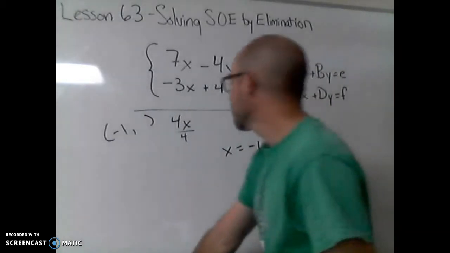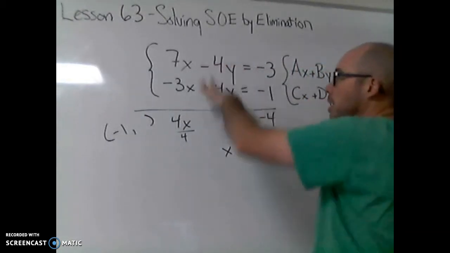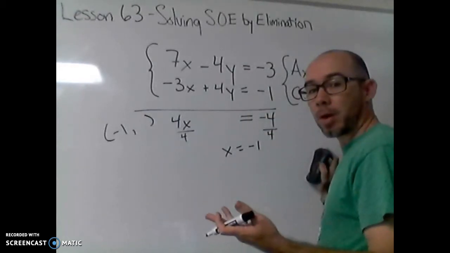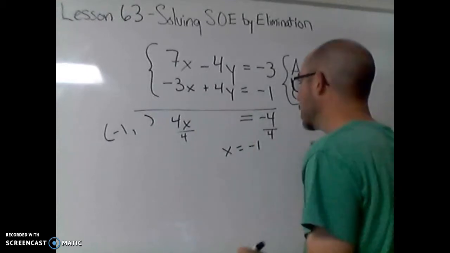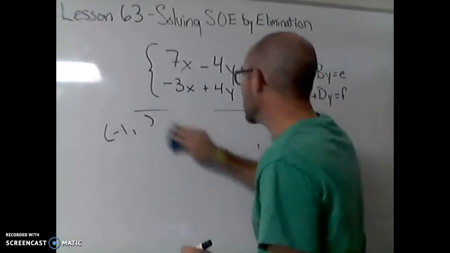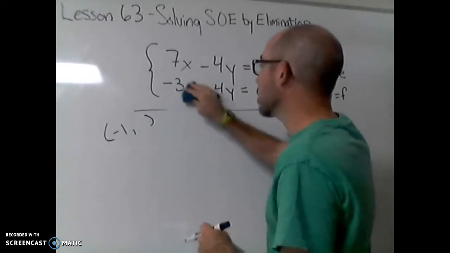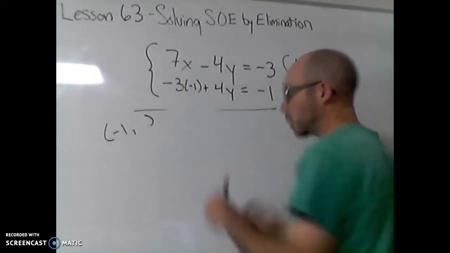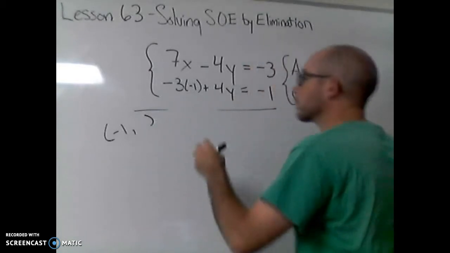So at this point, I can go back to either of these original equations and solve for the other part of it, since I know now what x equals. And I'm going to go ahead and put that right here. I could do it with that one too, but this one will work just fine.